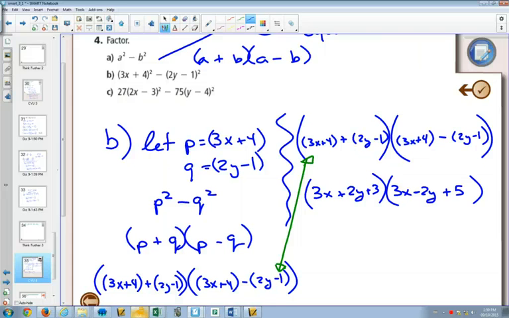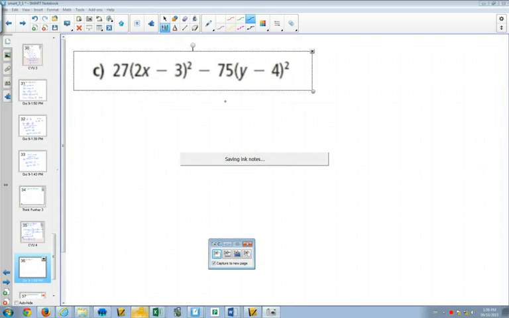Okay? For part C, you can see that maybe you would let p equal the 2x minus 3 and q equal the y minus 4.